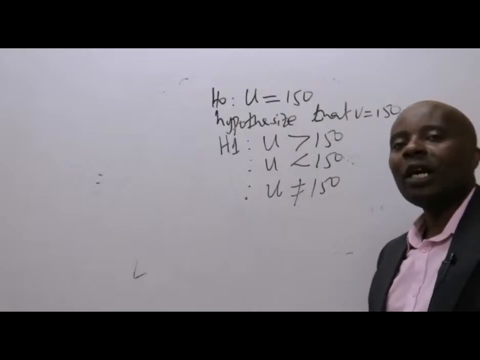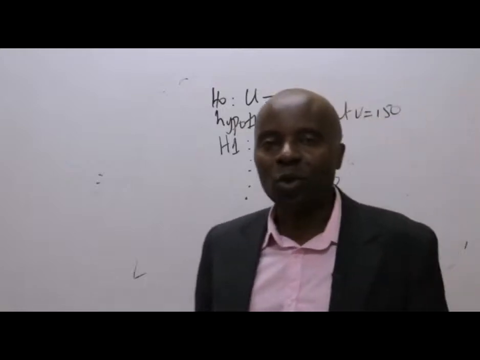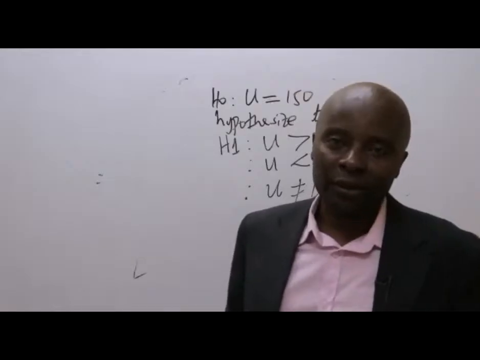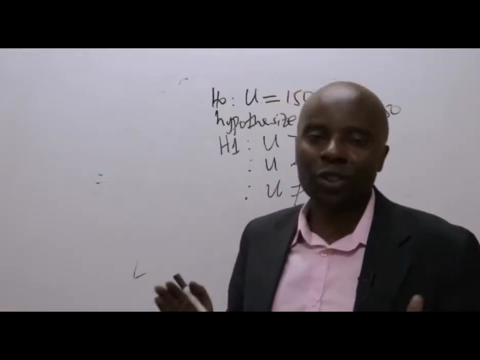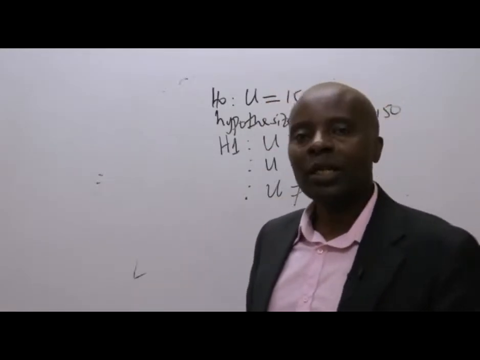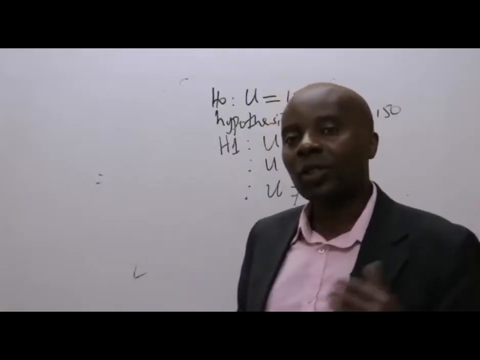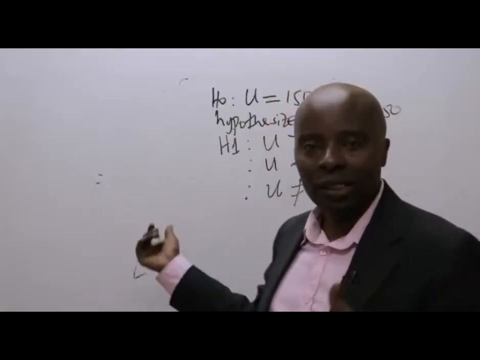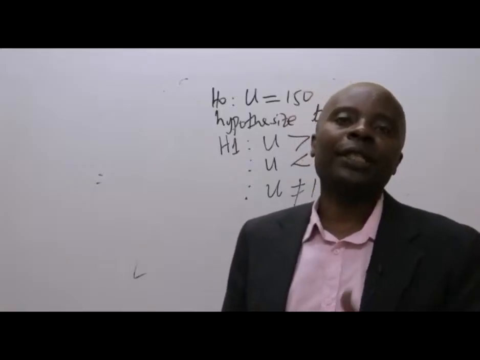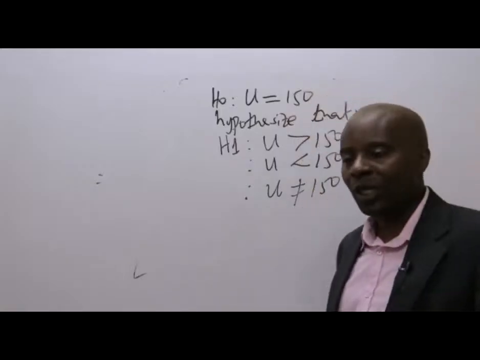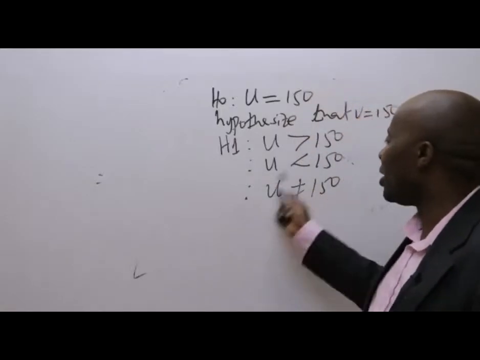When I go to Summit to assess the heights of the students, some will be taller than this and others shorter than 150. So the proper alternative hypothesis is this one here.